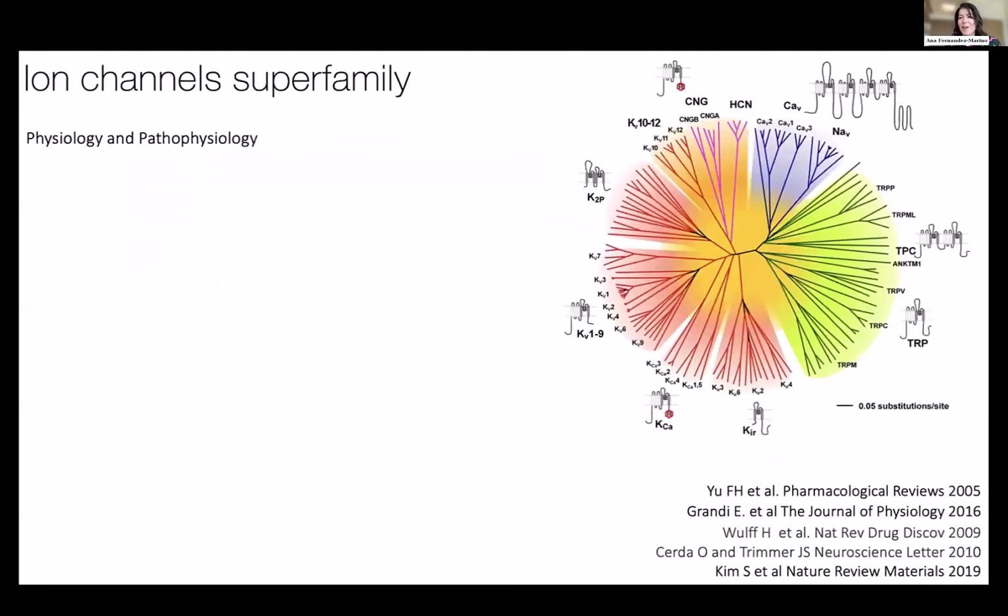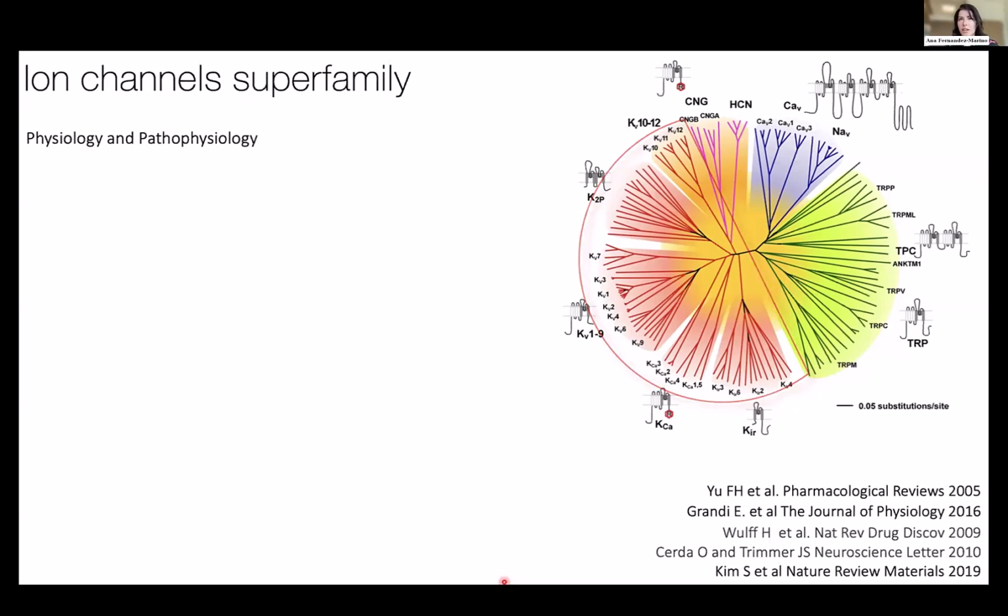And I'm going to be talking about my favorite channels in the world, voltage-gated potassium channels, which I am fascinated to understand: how they work and which mechanisms regulate their function. As you may be familiar, they are one of the biggest families of proteins in the human genome.